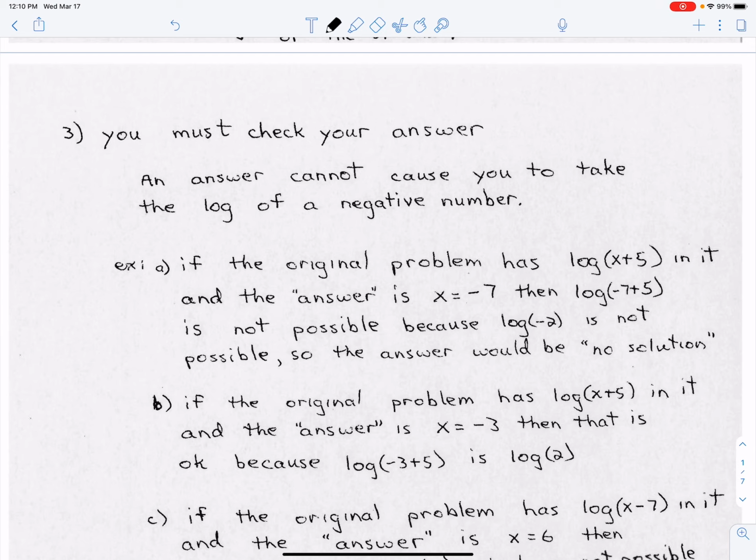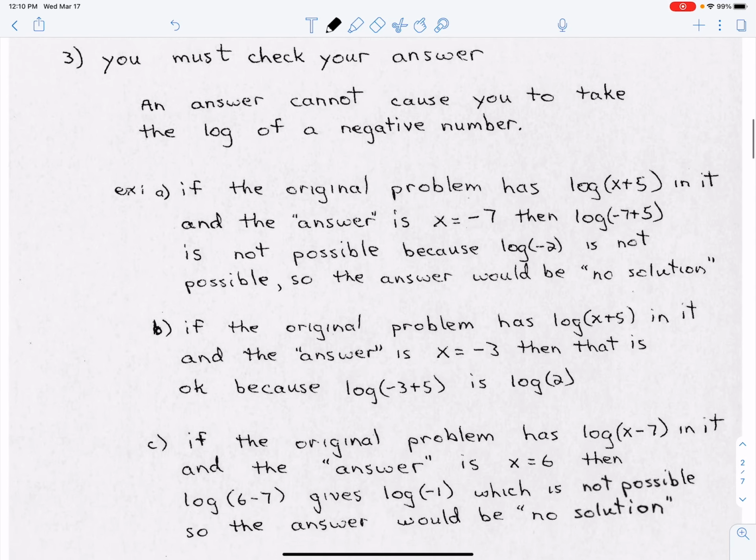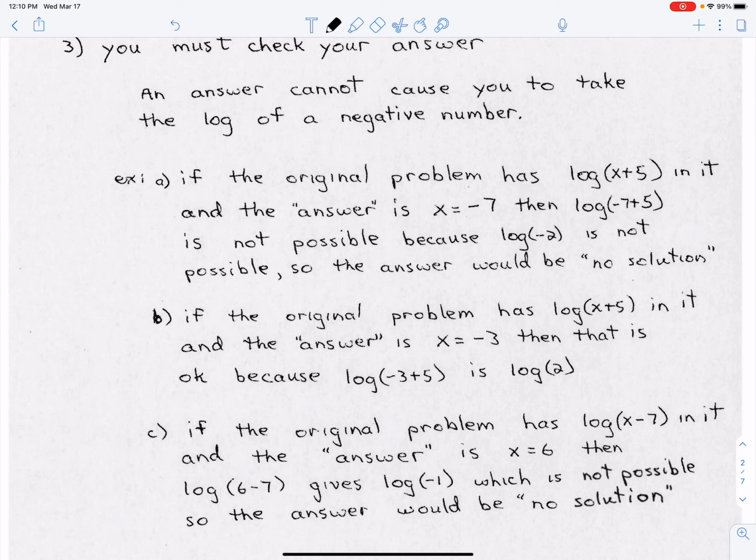You can't do that, so you'd throw it out and you'd say there's no solution. If the original problem has x plus 5 in it somewhere, and the answer that you've solved for is x equals -3, that's okay, because -3 plus 5 is 2, and you can take the log of 2. So notice, even though x is negative, it doesn't cause you to take the log of a negative number.